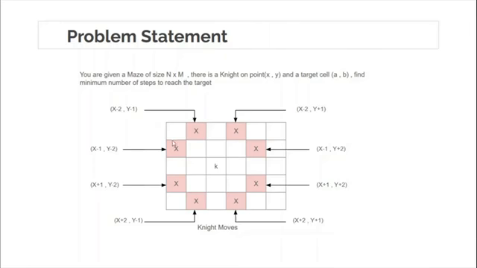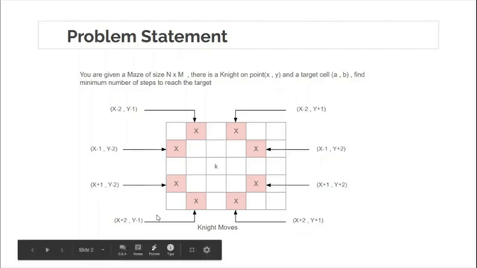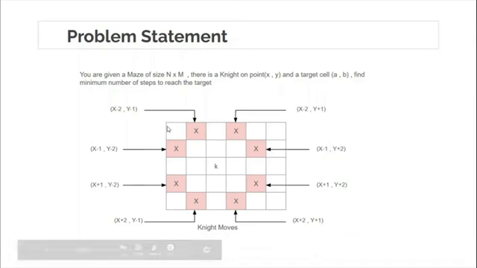So the row numbers start from here, and go 0, 1, 2, and so on, increasing from top to bottom. And similarly the y coordinate goes from left to right, increasing from 0. So this cell is 0, 0.